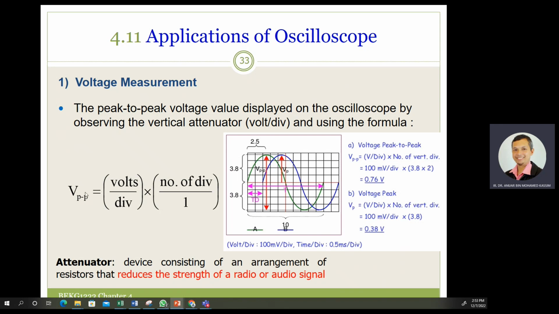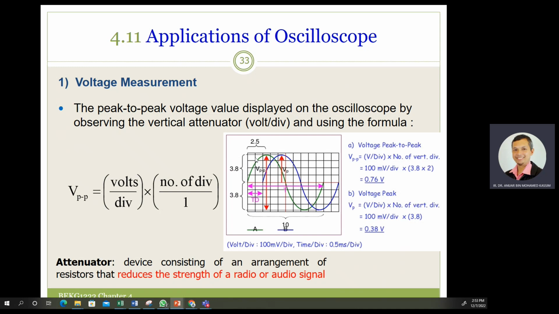In order to calculate for A, we can use this formula: V peak to peak equals volts per division times number of vertical divisions. The number of vertical divisions for A is 3.8.